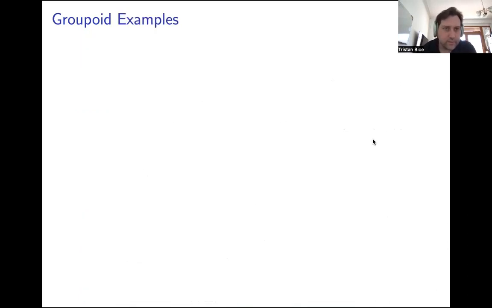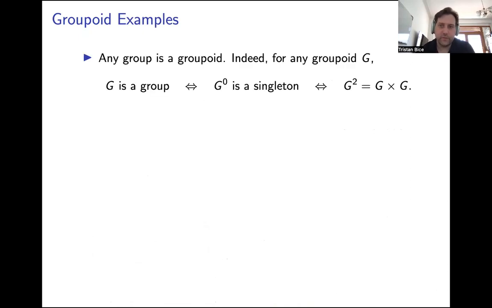So that's groupoids. We know the definition, so it's time for a few simple examples. Well, of course, groups are groupoids, right? There's nothing preventing the product from being defined everywhere. Maybe not the most interesting groupoids, but they are perfectly valid groupoids. And indeed, if you have a groupoid G, there are various different ways of saying that G is a group.